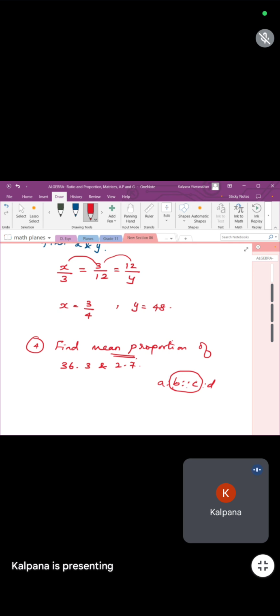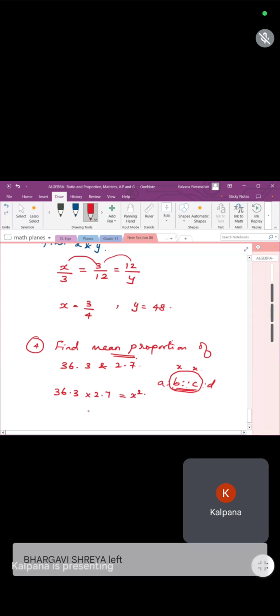So let us take this as x. So the mean proportion, the middle term, will be continuous. We'll take this as x is to x. So 36.3 into 2.7 is equal to x square.